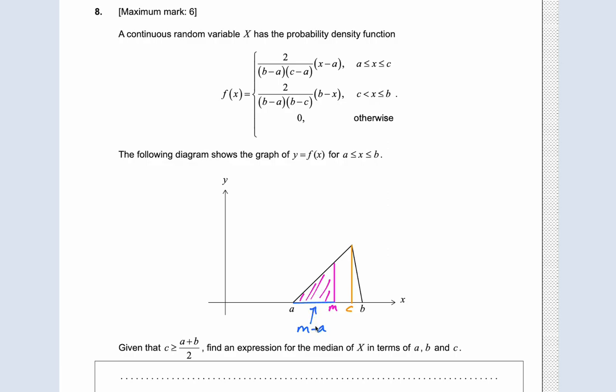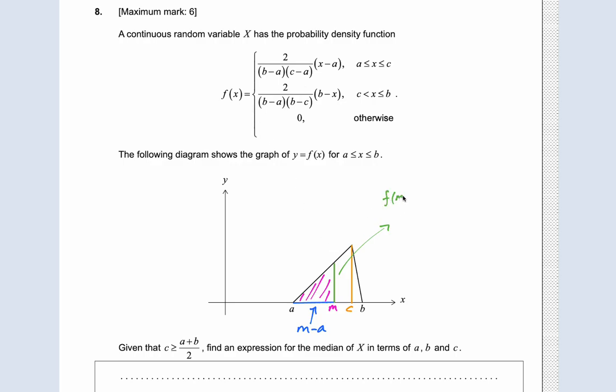So the base of the triangle is M minus A. The height of this triangle is going to be f of m.